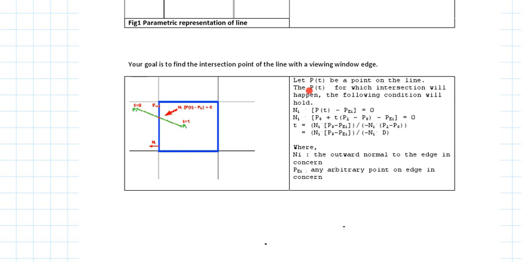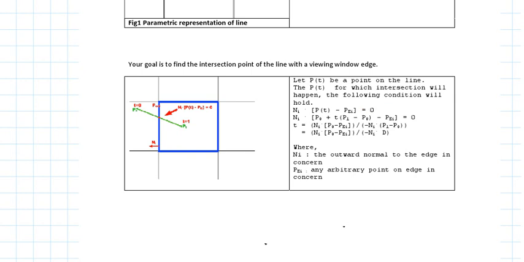For the point PT at which intersection will happen, the following condition will hold: Ni multiplied with PT minus PEI, that means an arbitrary point on the edge I, will be equal to 0.